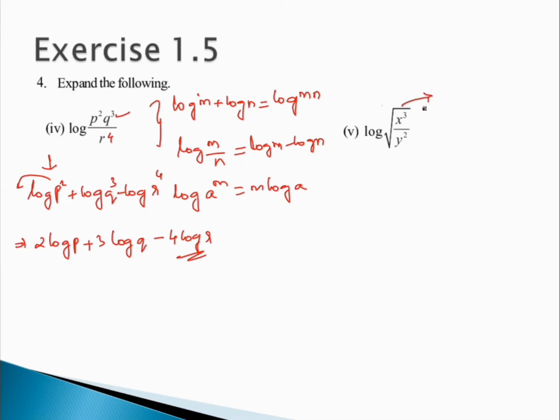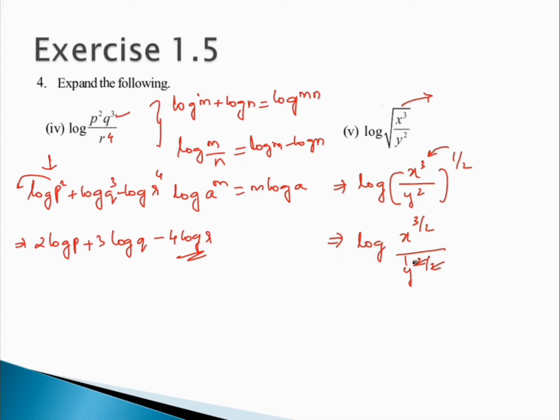Now I'm removing the root for this other sum. So in this log of x cube by y square, this root is 1 by 2 only. I'm substituting this one inside, meaning 1 by 2 into the square. Then I'll get log of x to the power 3 by 2 by y to the power 2 by 2, only y1, right?